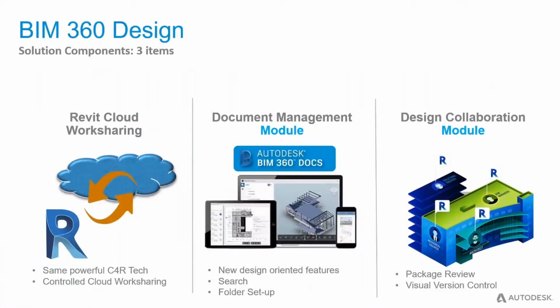So when we talk about BIM 360 design, we really have to look into the details. And again, specifically today, we're going to be focusing on the Revit component. So from a Revit BIM 360 design point of view, we're talking about 3 bits and pieces, if you will, which make up BIM 360 design. One is the interface inside of Revit itself. And that is nothing new, actually.